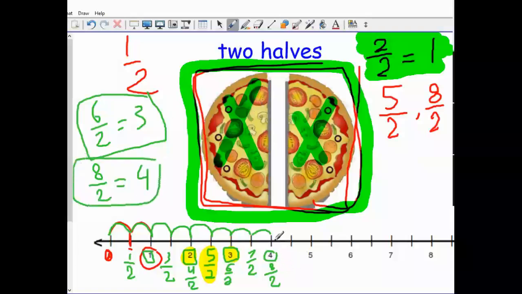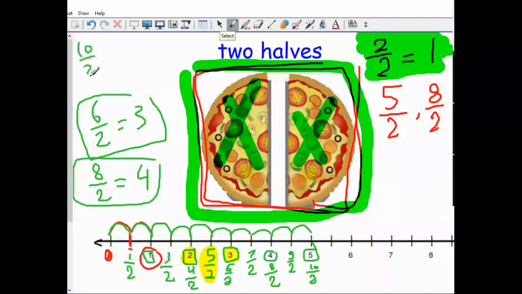Let's complete. 9 halves, and it is halfway between 4 and 5. 10 halves. I landed on 5. So I can say that 10 halves is the same as 5.